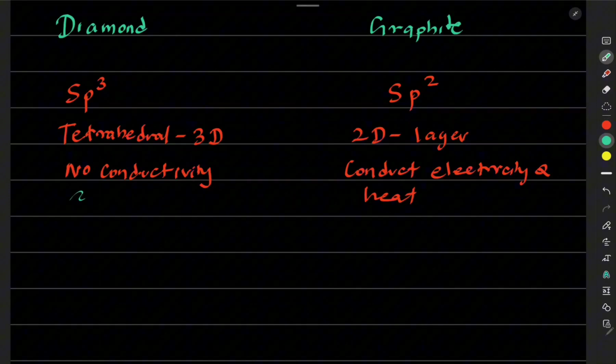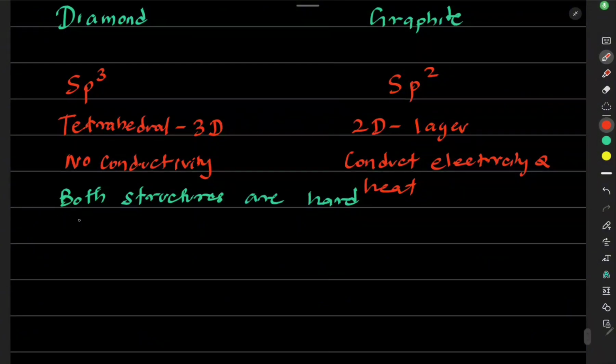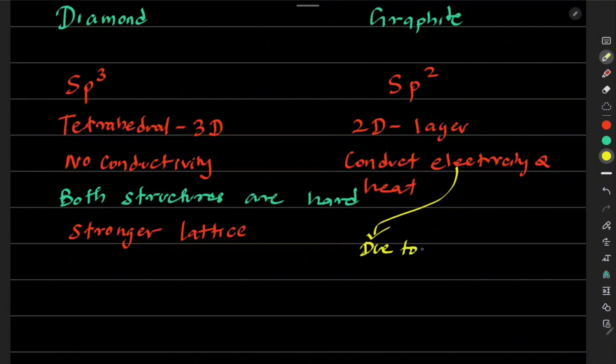Both structures are hard, but diamond has a stronger lattice. Electric conductance in graphite is due to the delocalization of electrons.